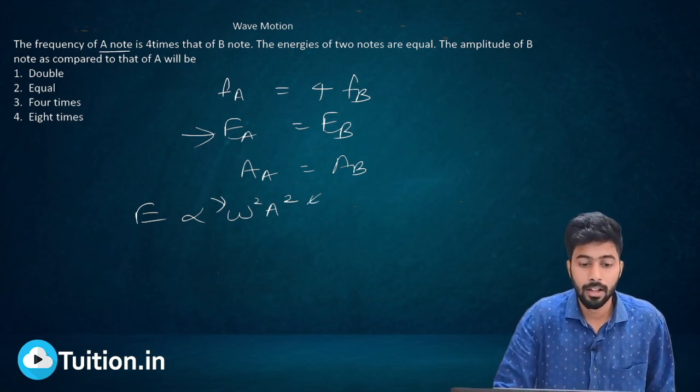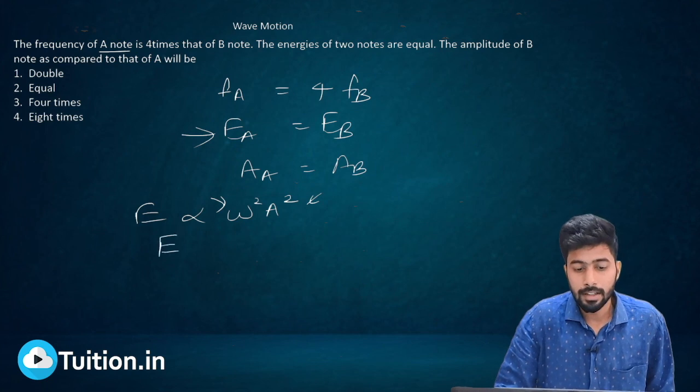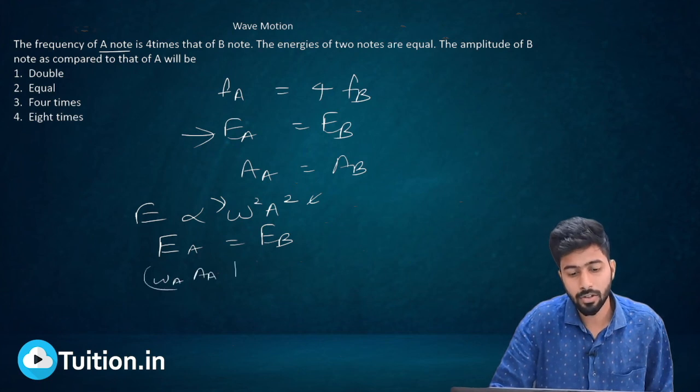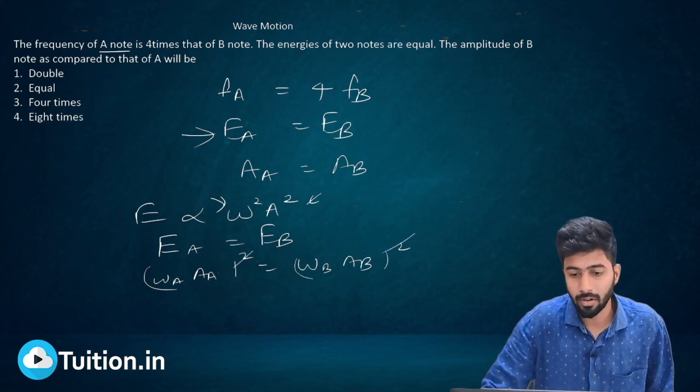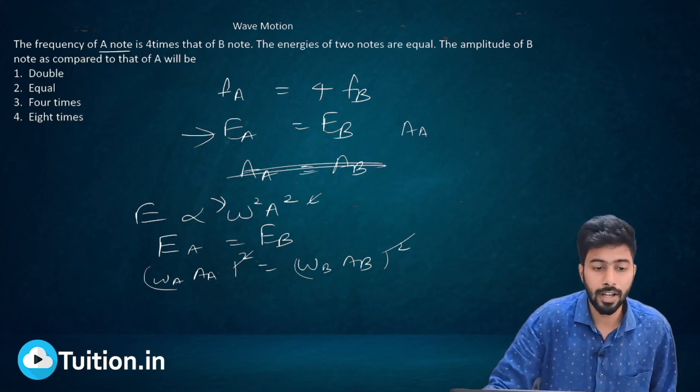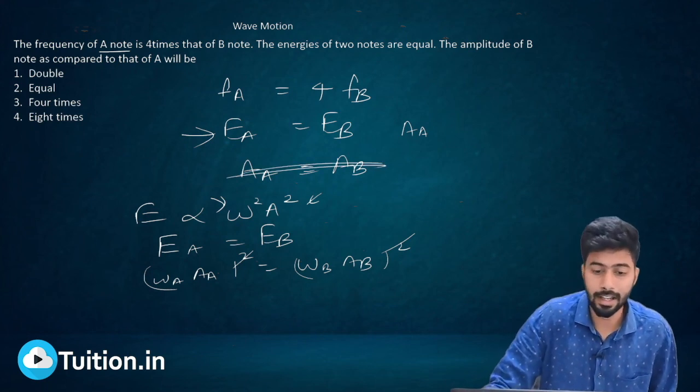So EA is equal to EB, that's given in the problem. That means omega A AA square should be equal to omega B AB square, right? So we cancel this out. This AA is not equal to AB. This is a wrong statement. We actually need to find the relation between AA and AB.